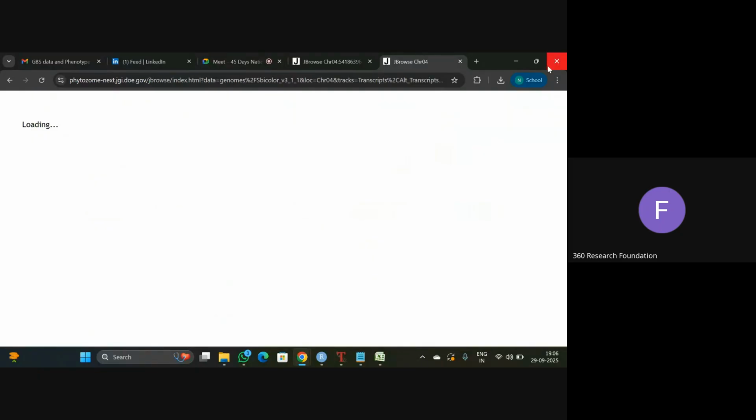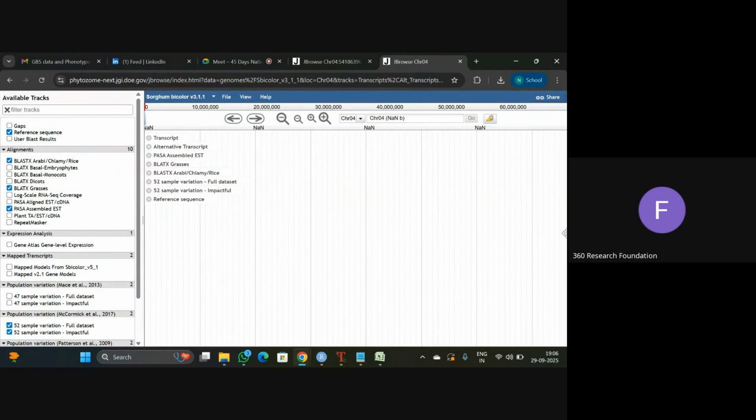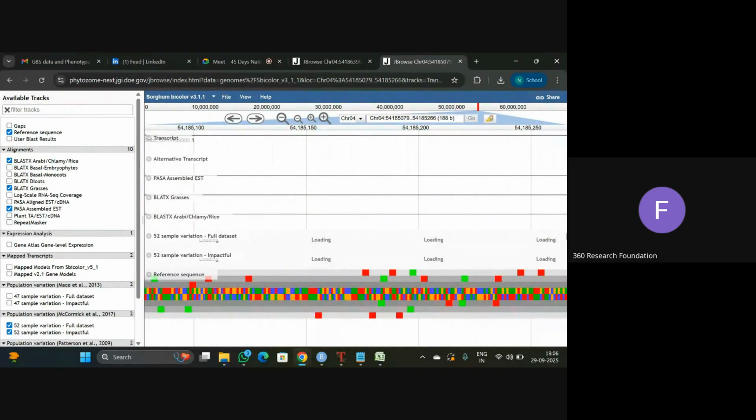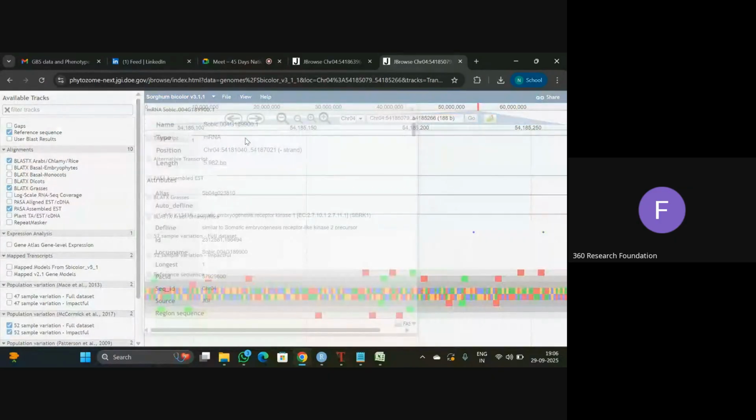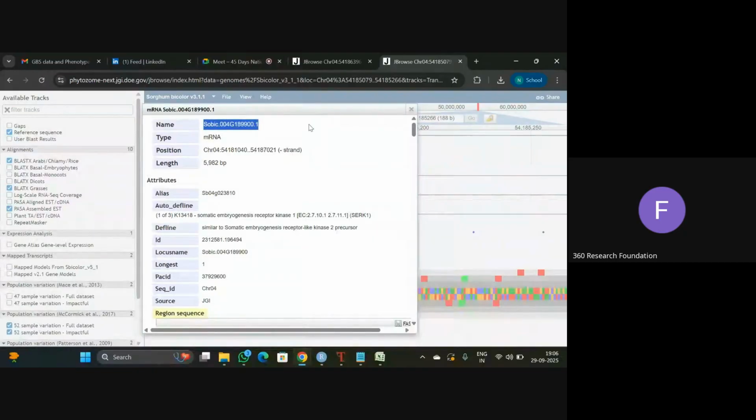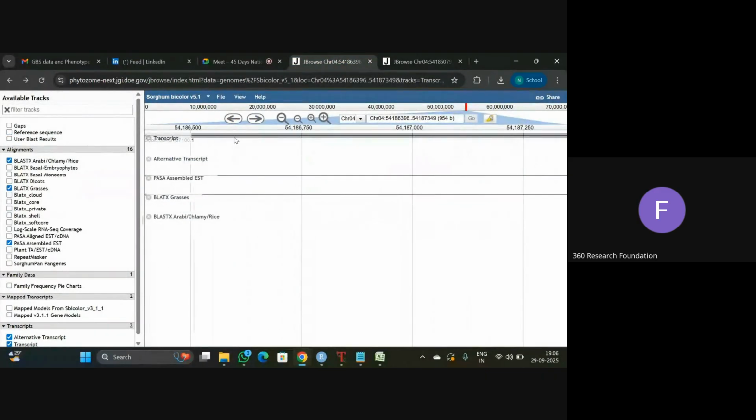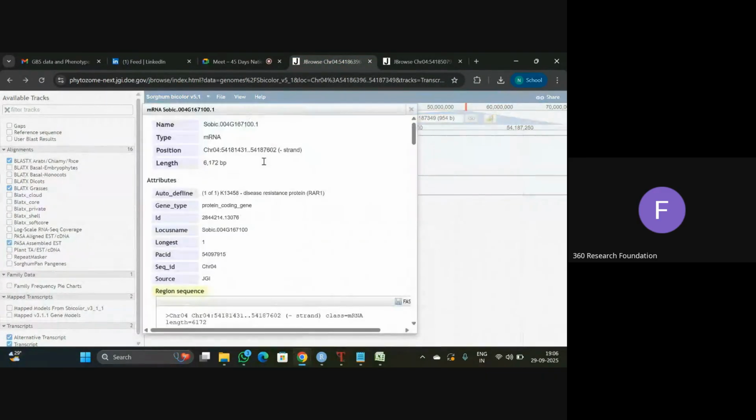So side by side, I have opened this. This is the gene ID in 3.1.1 and this is the gene ID in 5.1.